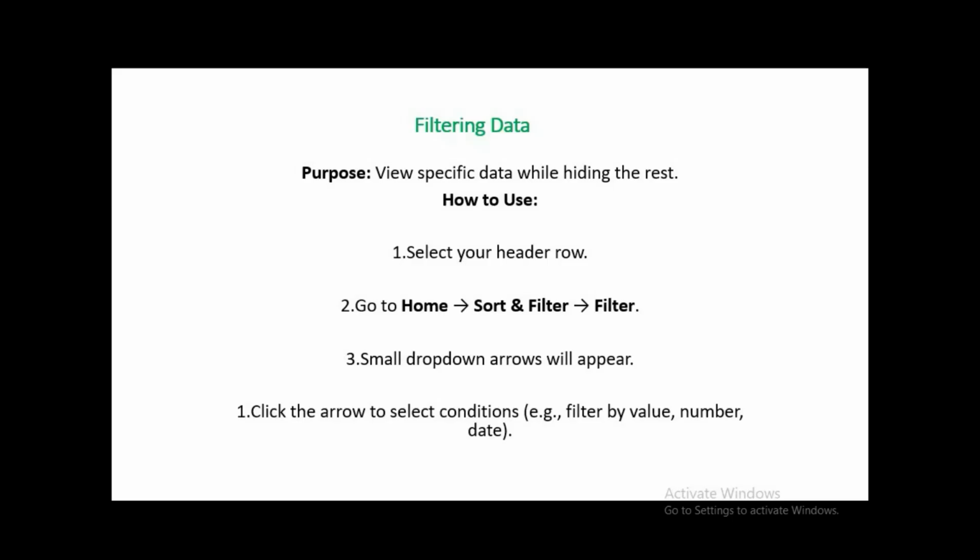For us here, you're going to select your header row. You now go to home, you locate sort and filter. You now click on filter. Small drop down arrows will appear. Then you click the arrows to select conditions based on your personal preferences.